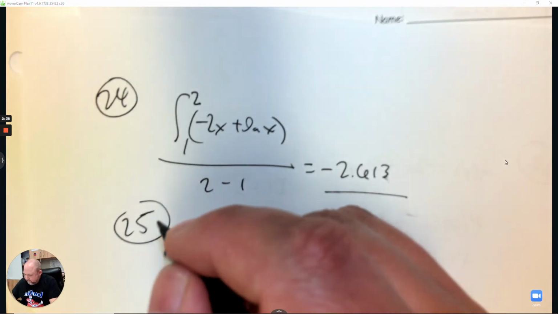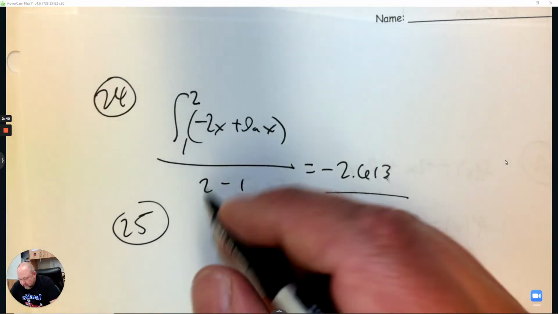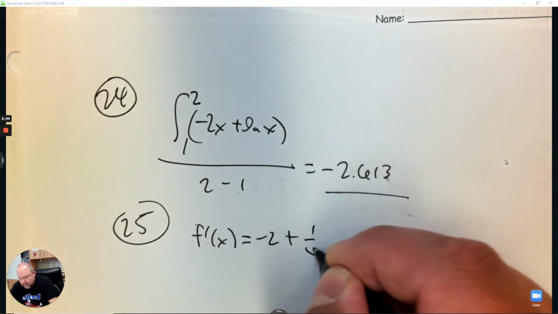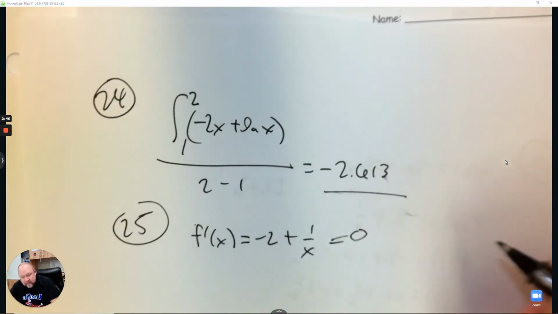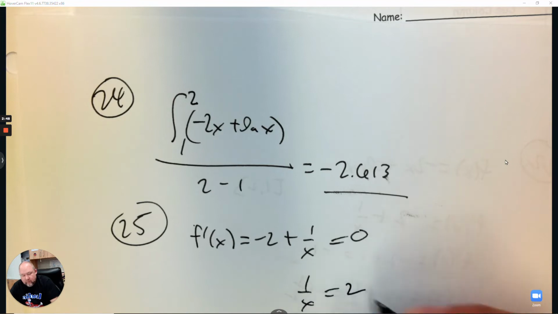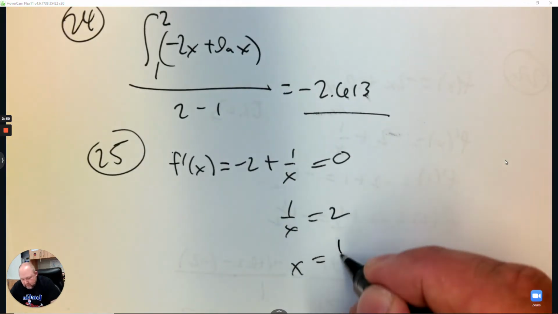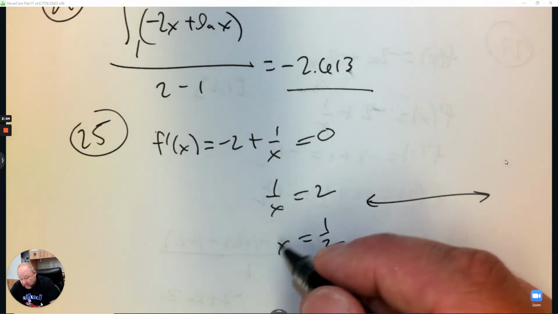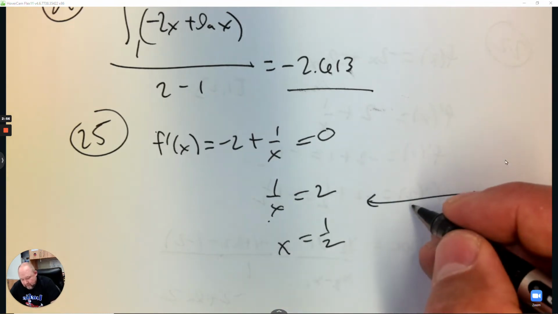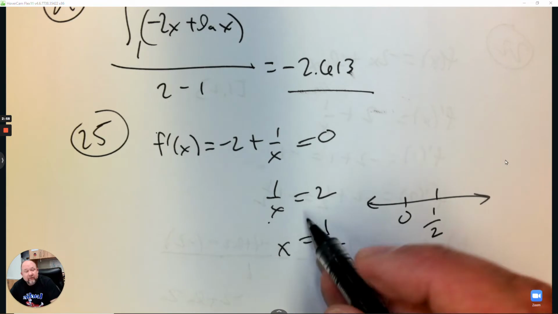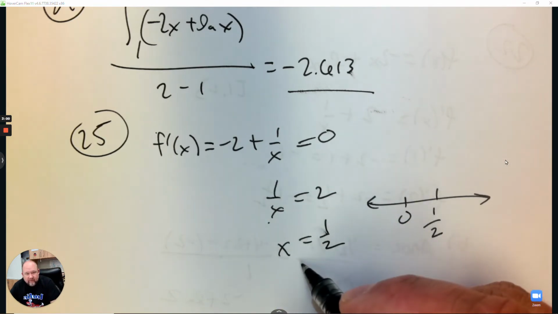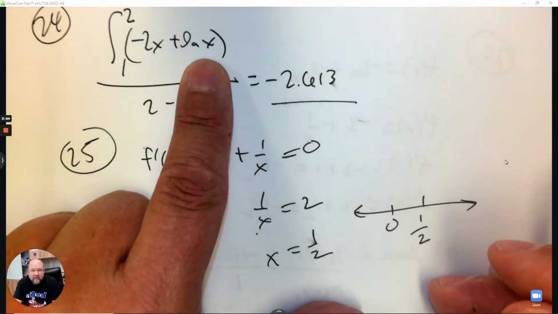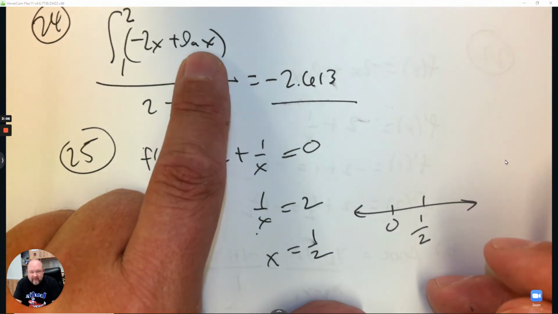25. Without using a calculator, what's the maximum value? So to find the maximum value, we're going to start again with the derivative. We make it equal to 0 and solve it. So we're going to add 2, do the reciprocal to both sides. So at 1/2 and at 0, right? So both. So we have 0 and 1/2. See, at 0, it is undefined for the derivative. And at 1/2, recognize that, in fact, you can't even have negative values here for it.